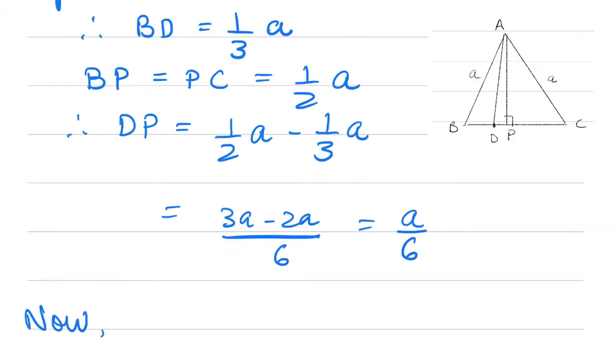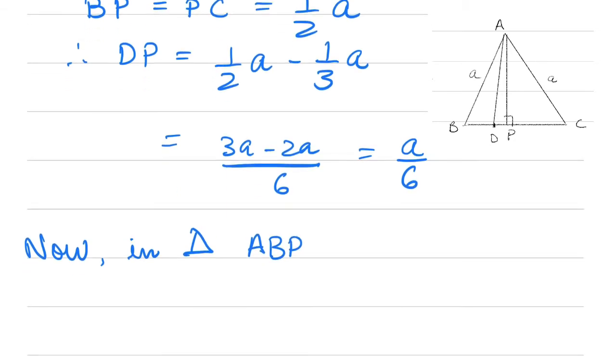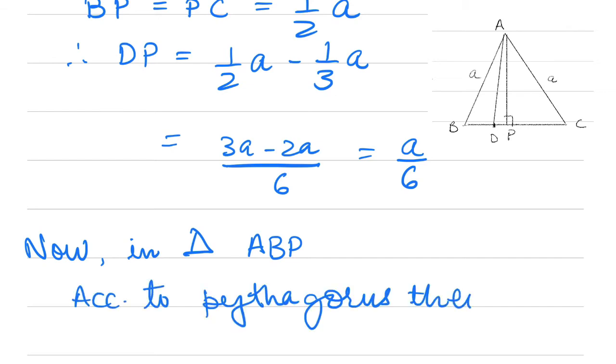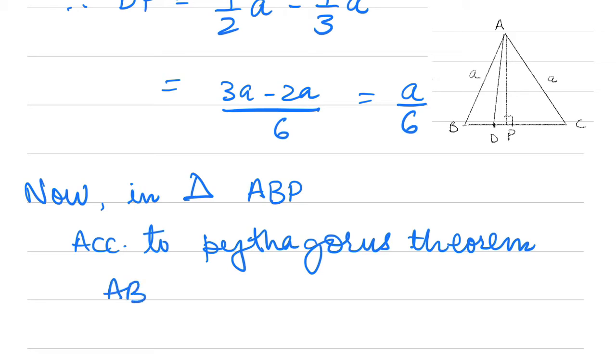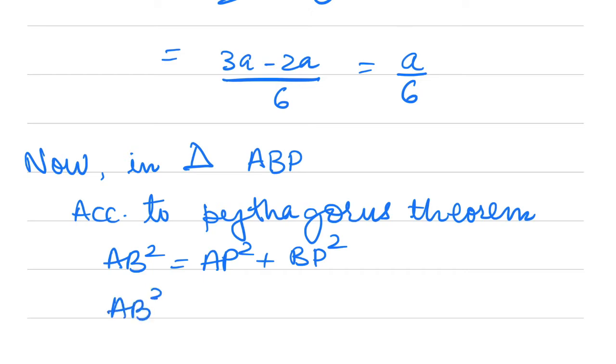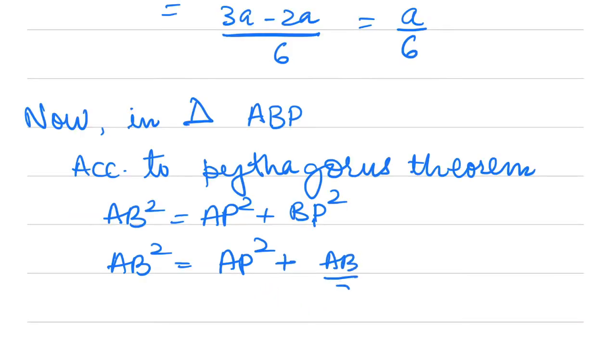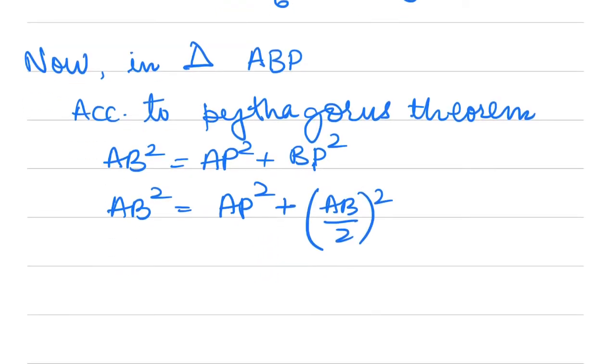Now in triangle ABP, according to Pythagoras theorem, we have AB square is equal to AP square plus BP square. AB square is equal to AP square plus, and BP is half of AB, so (AB by 2) whole square.